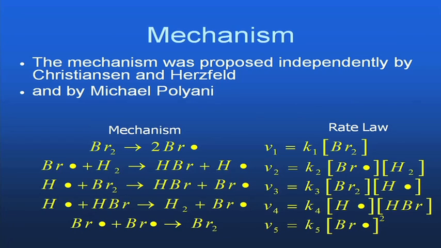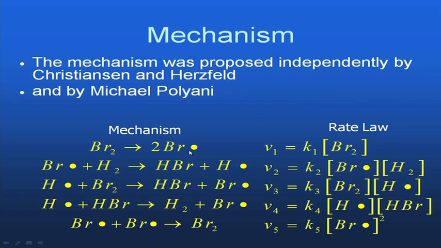So, let us look into the mechanism that was proposed independently by Michael Polanyi and Christiansen and Hirschfeld. The mechanism goes as follows. If you look into this slide, first is Br2 producing 2 Br dot.